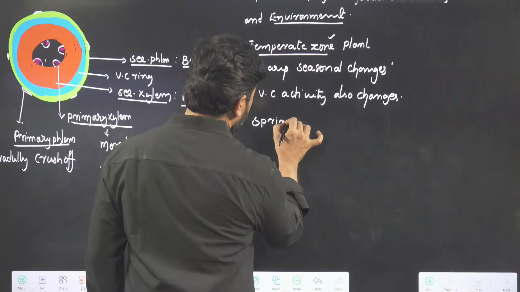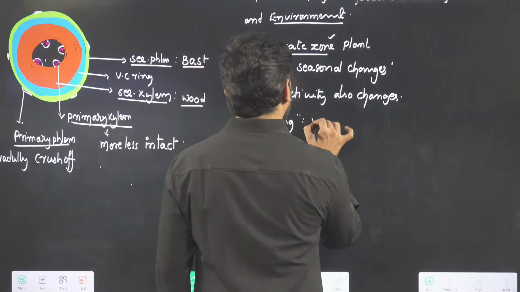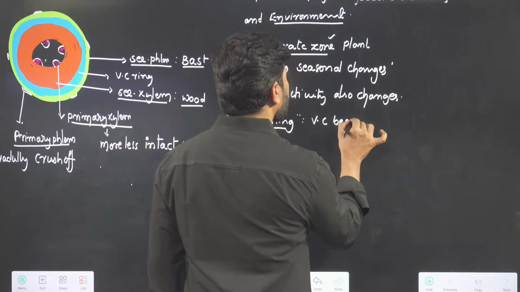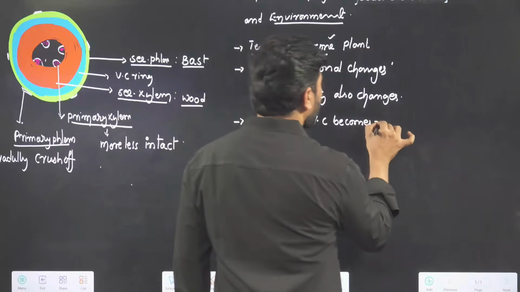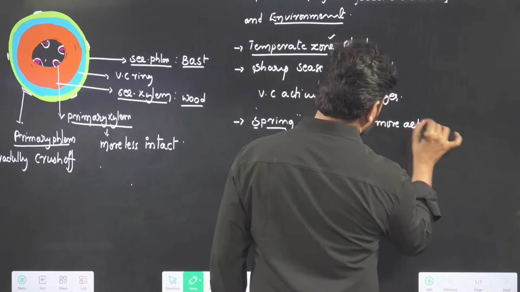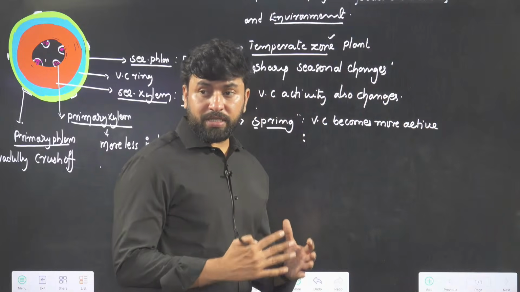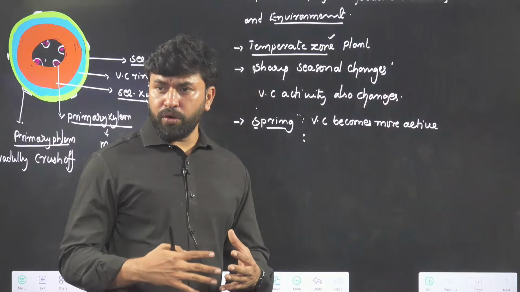In the spring, where the temperature started to rise, vascular cambium becomes more active. During spring, vascular cambium become more active.